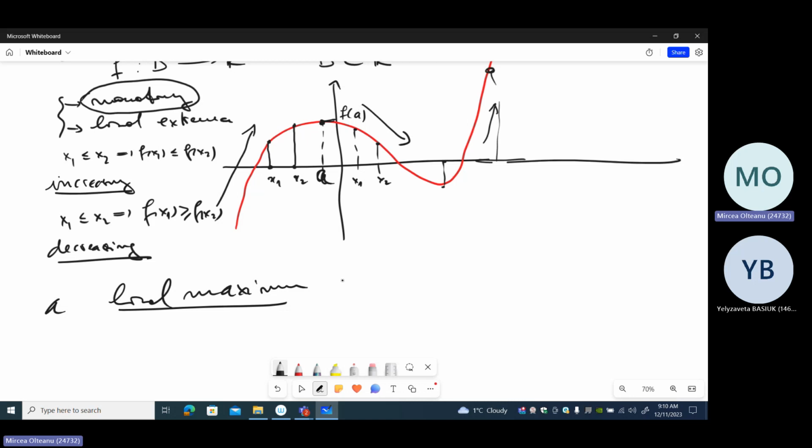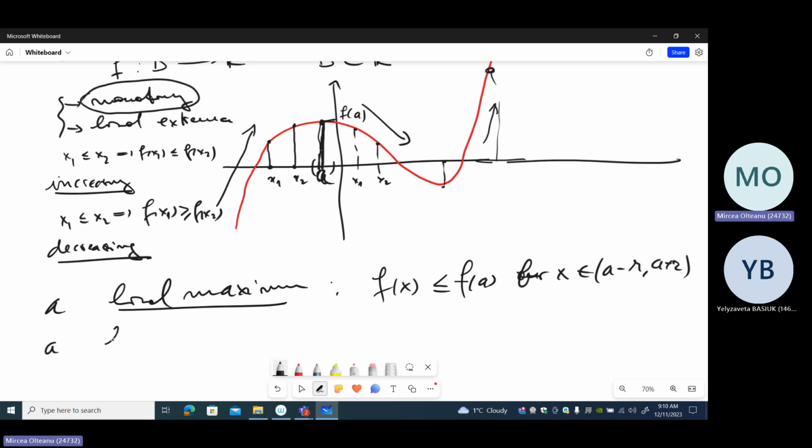So a local maximum means the following: f of x is less or equal than f of a for x on some interval, a minus r, a plus r. So there is an interval around this point on which the value at a is the greatest. This interval could be smaller or greater, it doesn't matter.